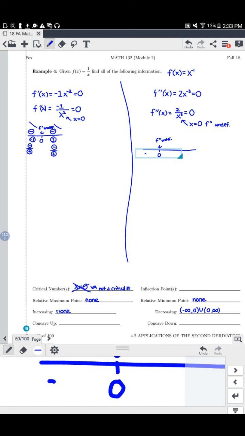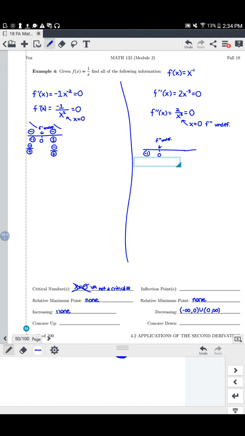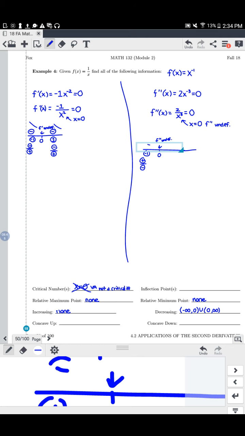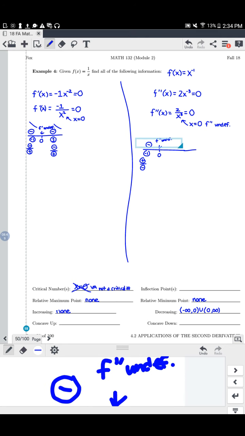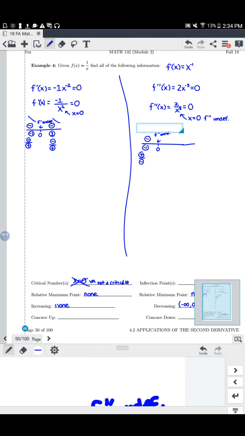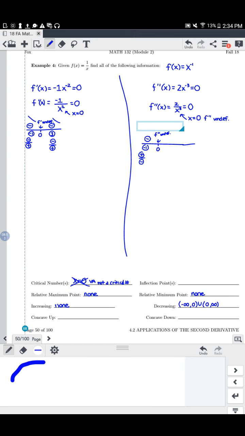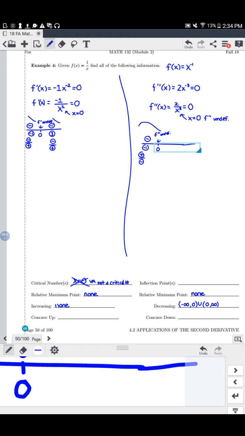If I plug in anything to the left, maybe I'll plug in negative 1 into my second derivative now because I'm looking at concavity. The numerator of my second derivative is always 2, so 2 is positive. And then I'm going to do negative 1 cubed. Negative 1 cubed is negative. So I am negative before 0, which means I'm concave down. I'm going to look like part of an upside down U. And then after 0, I can plug in anything I want.